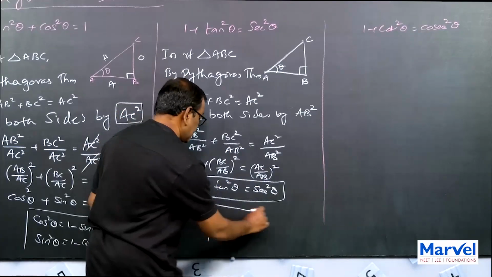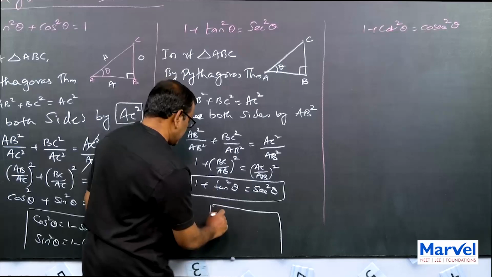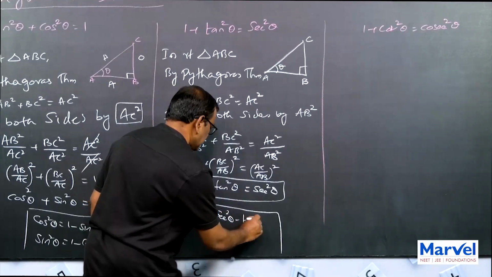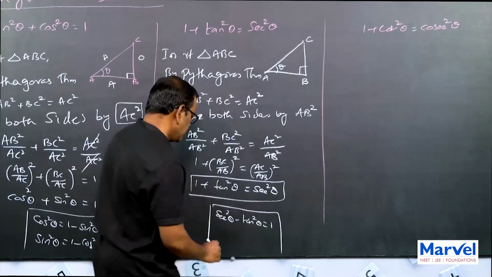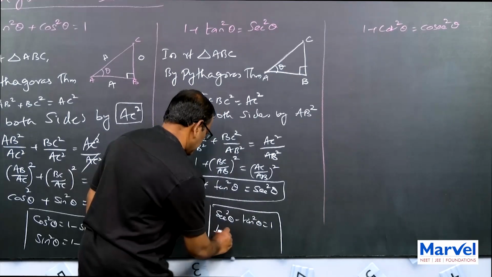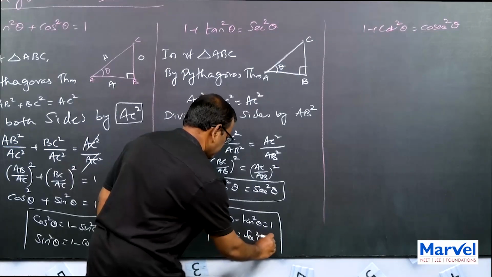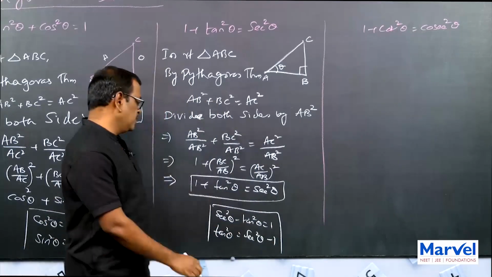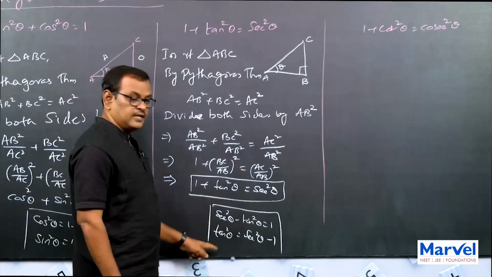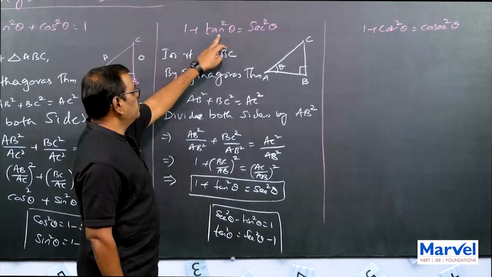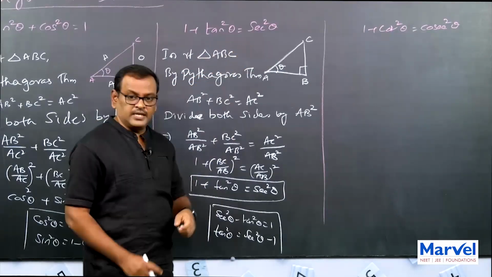Two important results: secant square theta minus tan square theta equal to 1, and tan square theta equal to secant square theta minus 1. These two are important results derived from this identity. So this is the proof of the second identity.